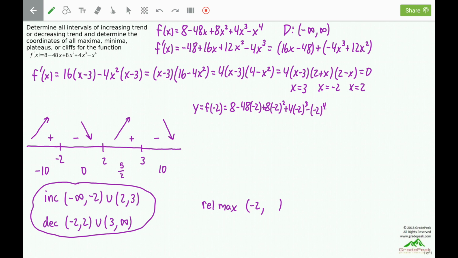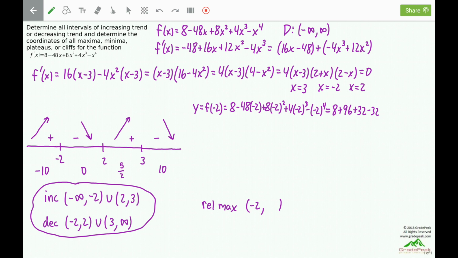to the 4th, which is going to be 8, and then a negative 48 times a negative 2 is a positive 96. Negative 2 squared is a 4 times the 8 is a positive 32. Negative 2 cubed is a negative 8 times the 4 will be a negative 32.